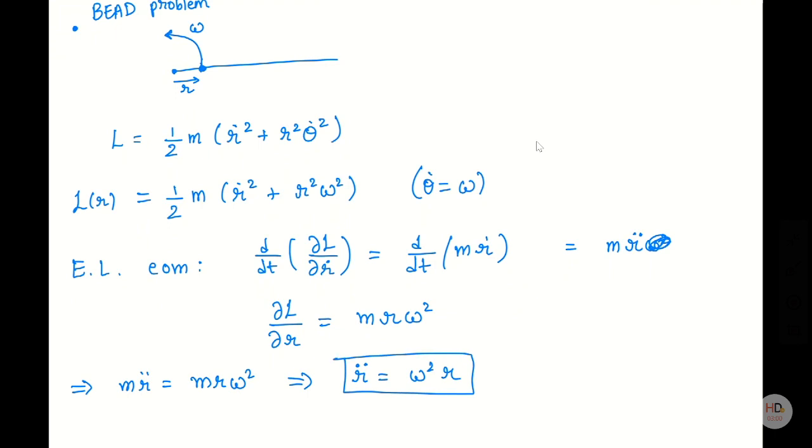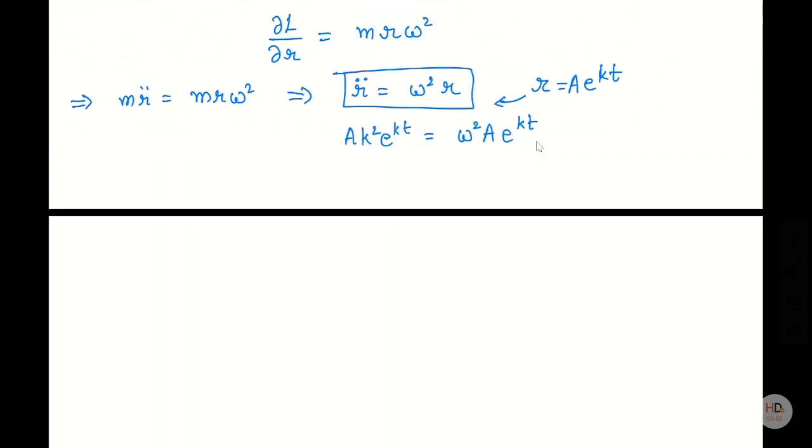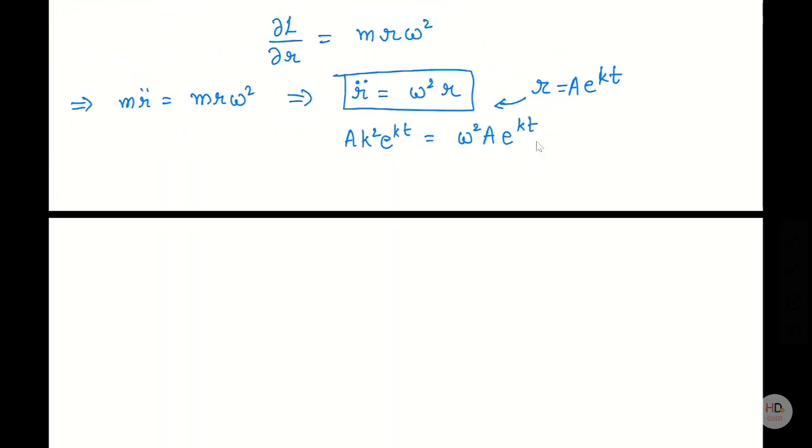And then, since you know the exponential e to the power of some kt would work, right? So if you have some a times e to the power kt and put it in this equation, then you get a k square e to the power kt is equal to omega square a e raised to kt. So this a gets cancelled, exponentials get cancelled.